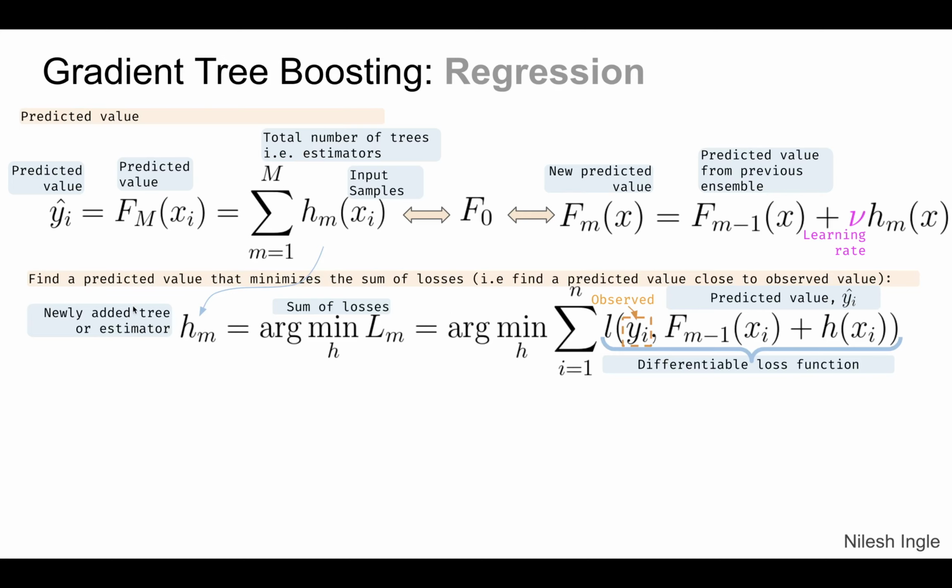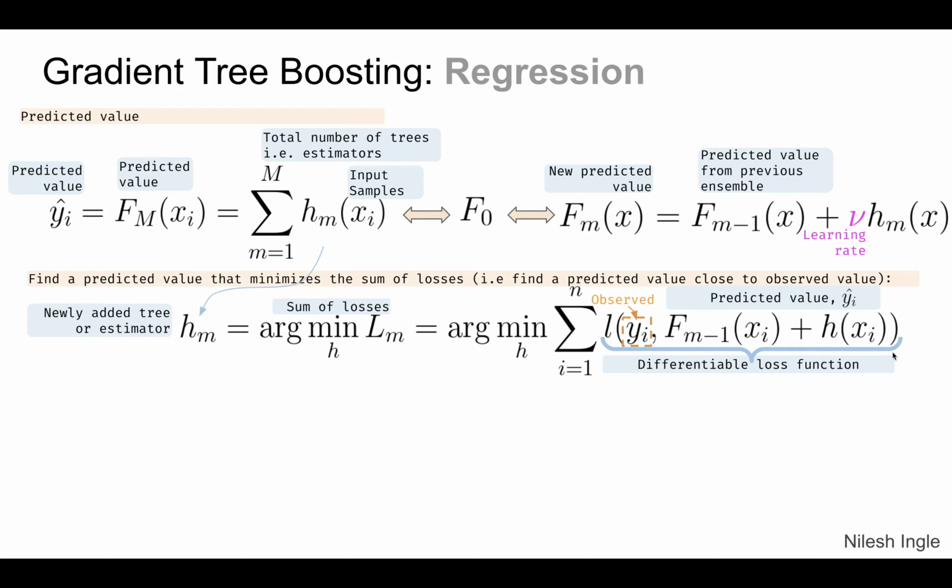And so what essentially we are trying to do is find a predicted value that minimizes the sum of losses. So h_m is the argmin of L_m, which is the loss, which is the sum of losses as shown here.